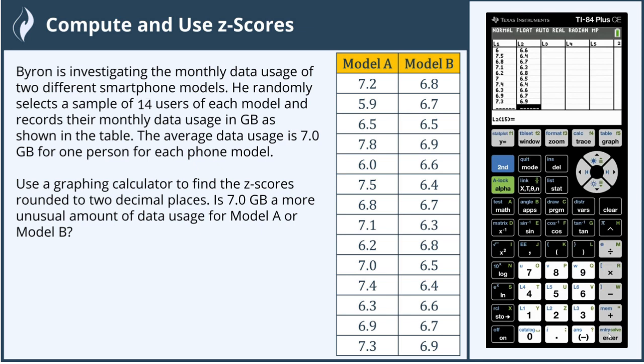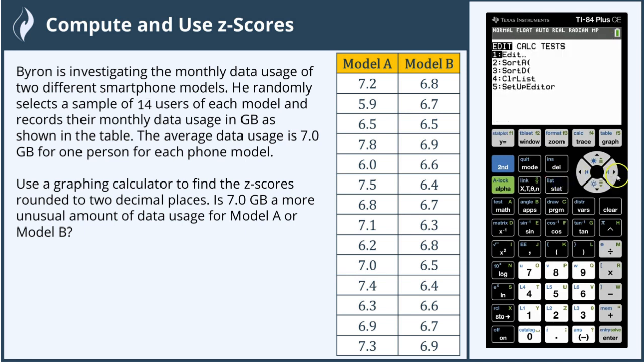Now, to know our z-scores, we first need to figure out our sample standard deviation and sample mean. So we're going to go into stat and calc, and choose one variable statistics. We're going to start with list 1, but we will repeat this process with our second list. So for A, I'm just going to write it right up here.